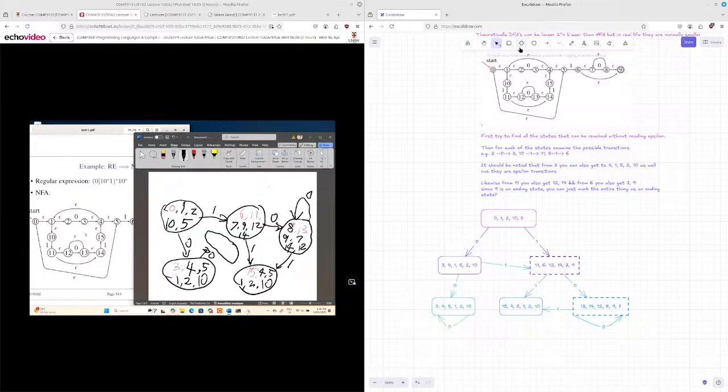Let's try 1. How does 1 go? So 3 to 1, nothing. 4 to 1, nothing. 5 to 1 gets you 6. 1 through 1, nothing. 2 through 1, nothing. 10 through 1 gets you 11.